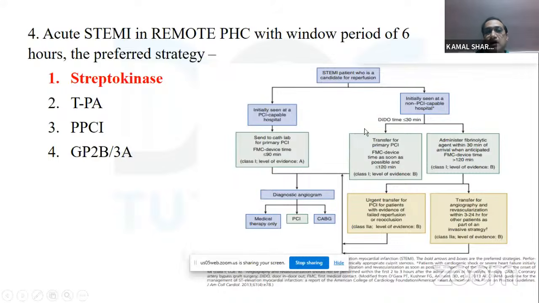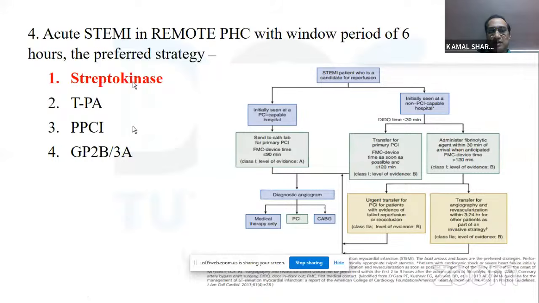And the other point is, remote PHC, what are they accessible to? You don't have TPA available as per the current strategies in those centers. Right now what you have is streptokinase. So you'll have to stick to it. This probably was intended for people who have already worked in or observed a PHC or a CHC and would know what is available there, and that is streptokinase.